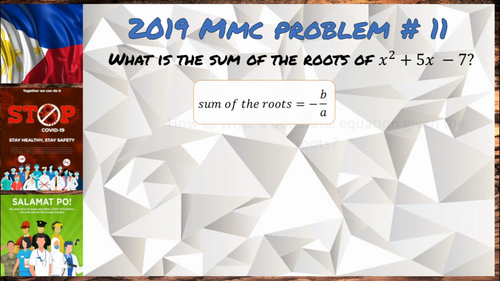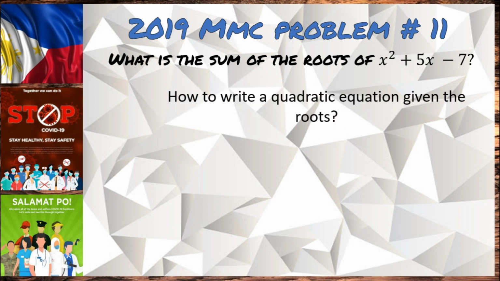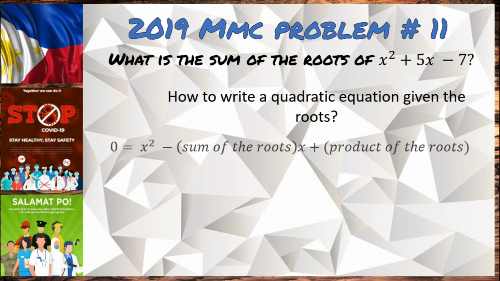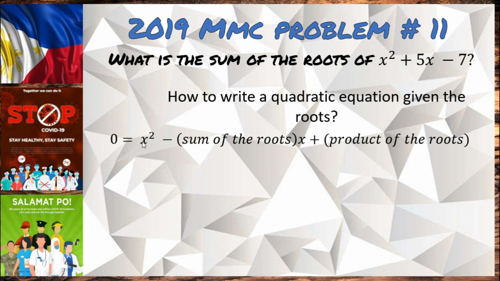Another way of solving this, but actually you are not solving this. But before that, we can recall first how to write a quadratic equation given the roots. That is, 0 is equal to x squared minus the quantity sum of the roots times x plus product of the roots.